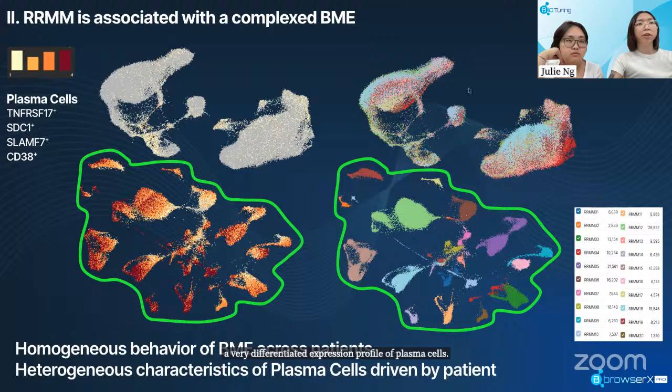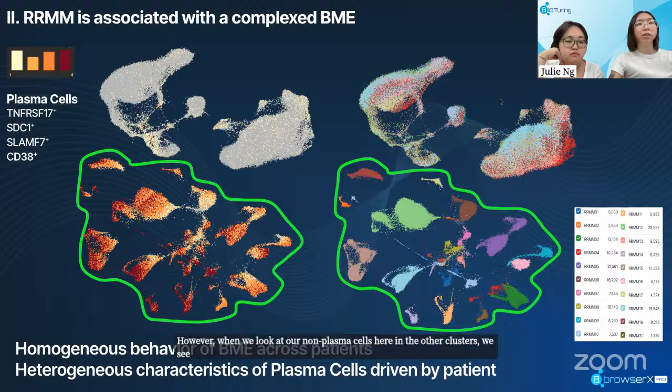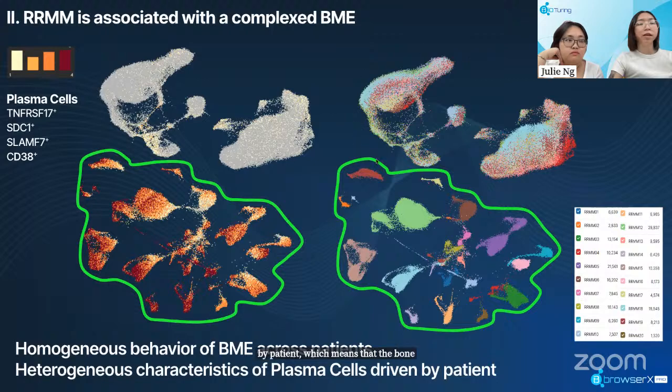However, when we look at the non-plasma cells in the other clusters, they are quite homogeneous by patient, which means the bone marrow environment is not as heterogeneous or complex as the plasma environment. The situation is basically identical to what we saw last week.